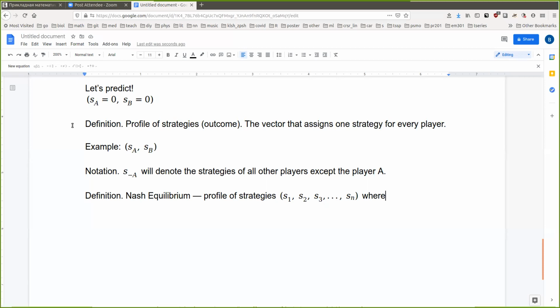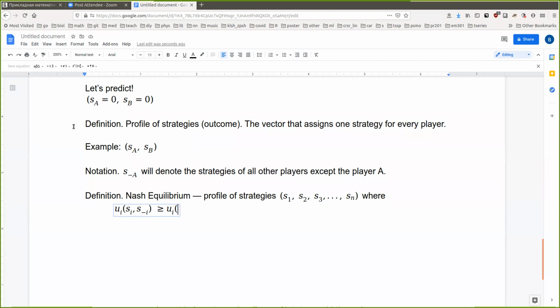Okay, so Nash equilibrium is a profile of strategy where the utility of every player, given the strategy of that player and strategies of other players, is greater or equal than the utility of this player number i in the case of deviation.